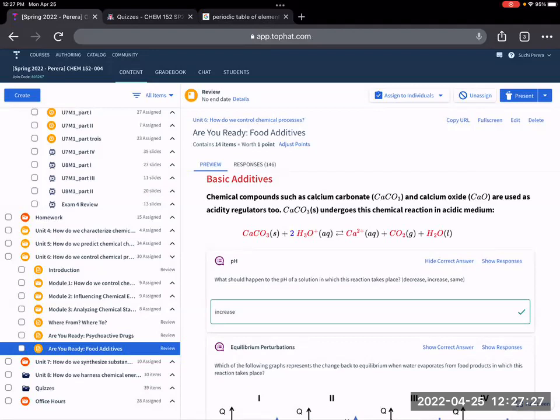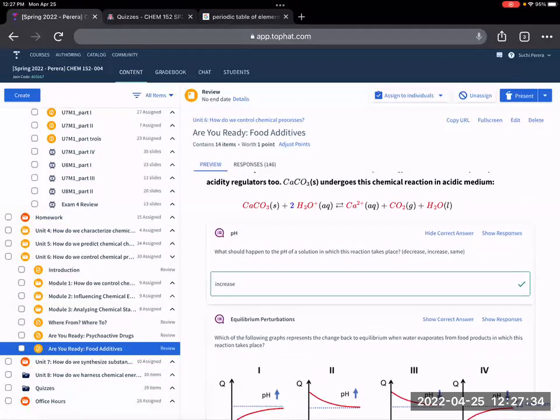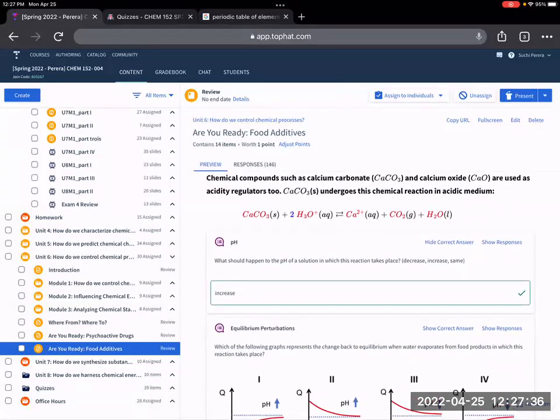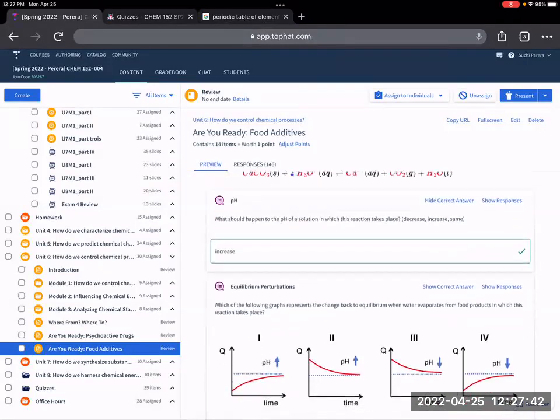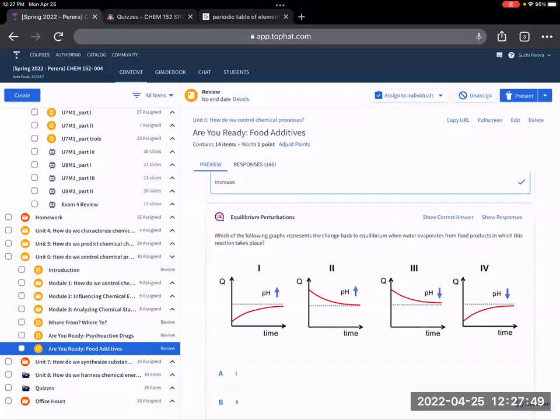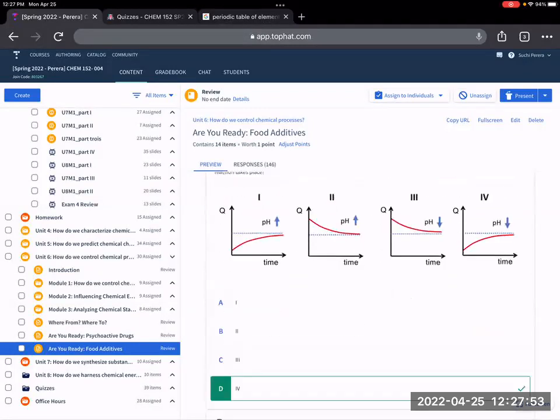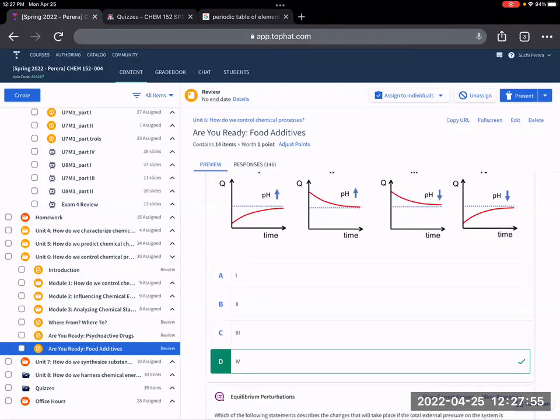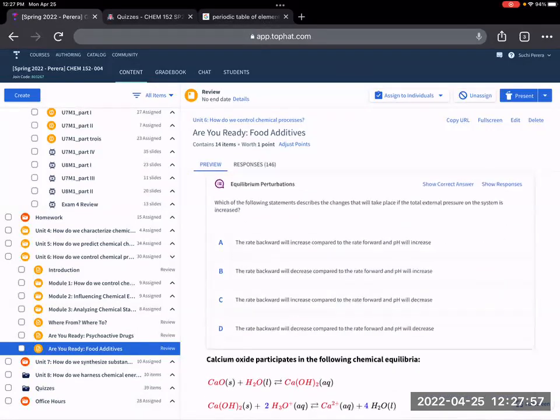Okay, so the increase of the H3O+ concentration due to perturbation is much greater than what is going to be neutralized by the shift of the equilibrium. Therefore, the H3O+ concentration should overall increase, meaning pH should go down. So the correct answer must be option 4. Oh, there you go. Okay. All right, let's do one other thing.